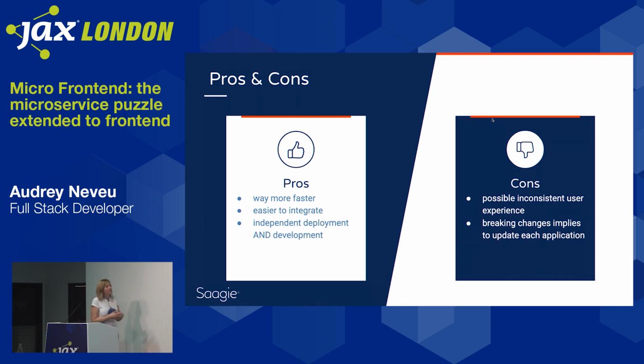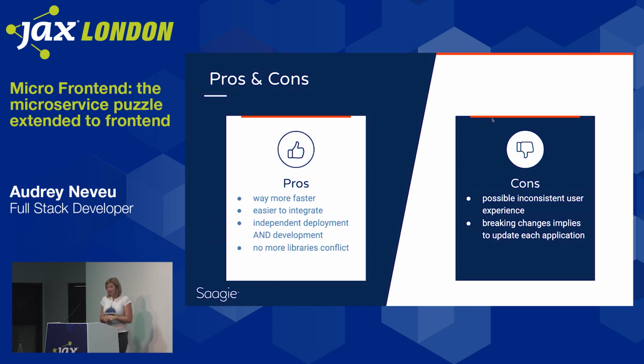Still, it's true that in case of breaking changes, you are more likely to be obliged to update each application at the same time. But here we are talking about a simple NPM update, so pretty easy to do. It has happened, and it was fixed by the end of the day, I think.